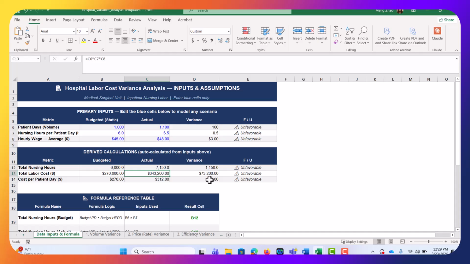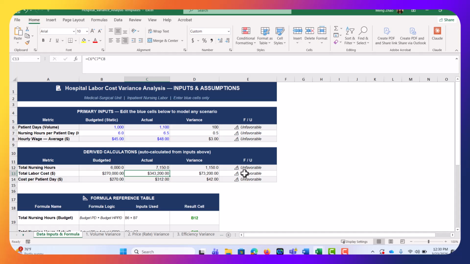There's a variance of 73,200 overpay that we have given over the assumed time frame, for example, if that's an annual expense. So this is unfavorable. But just keep that in mind.